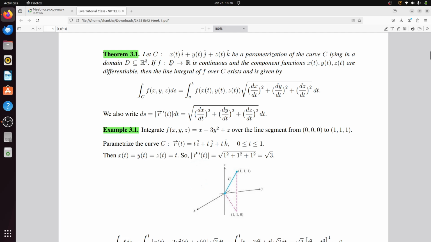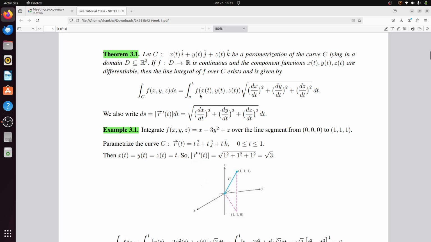If f from D to R is continuous and the component functions x(t), y(t), z(t) are differentiable, then the line integral of f over C exists and is given by the integral over C of f(x, y, z) ds, which becomes the integral from a to b, because you are transforming to the t coordinate where t lies from a to b.